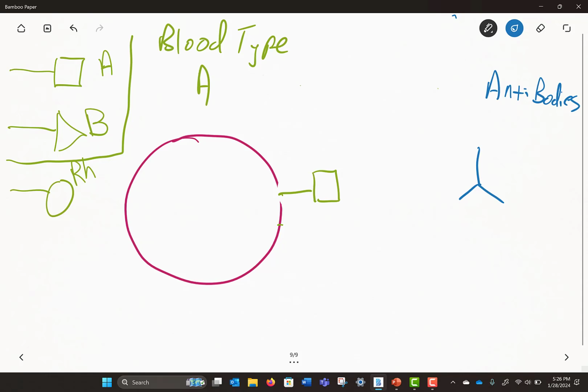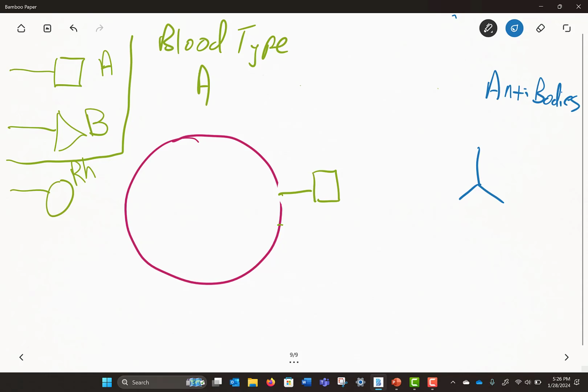Now on the surface, or at the end of each of these branches, will be a receptor. And these receptors will have all kinds of shapes to them. We have lots of different antibodies with lots of different shapes.